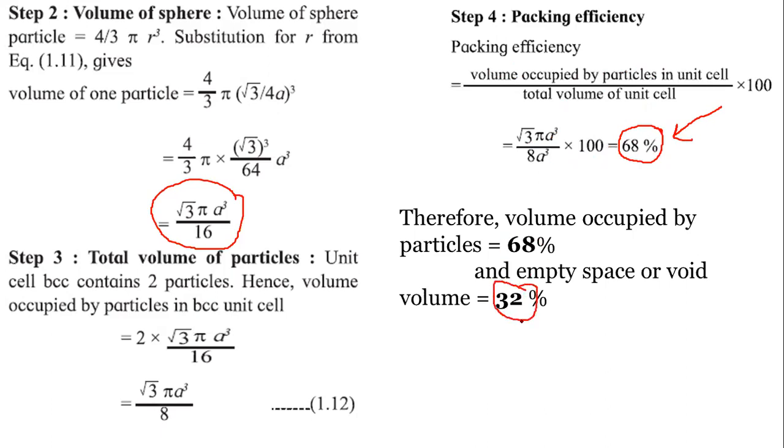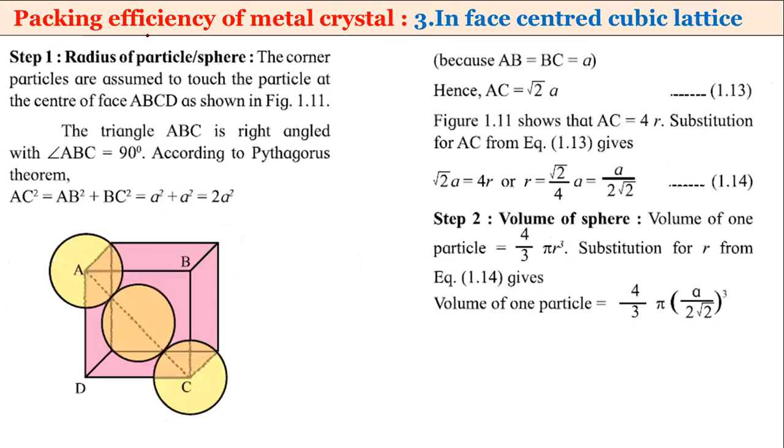We calculate the empty space by 100 minus 68, which gives 32%. Remember these values for MCQ purposes: 68, 32. And face centered cubic unit cell is not for the examination this year due to COVID.